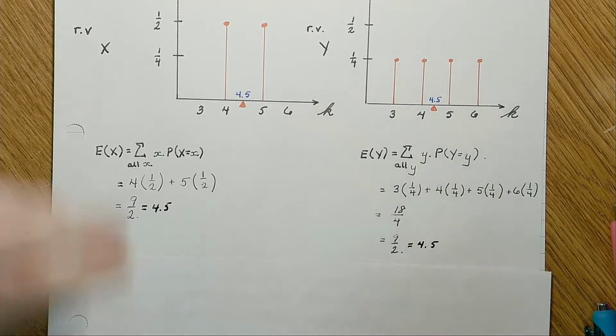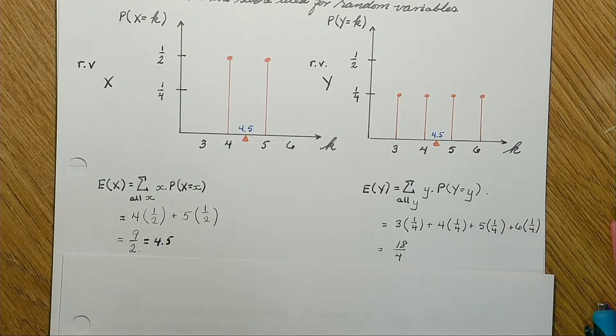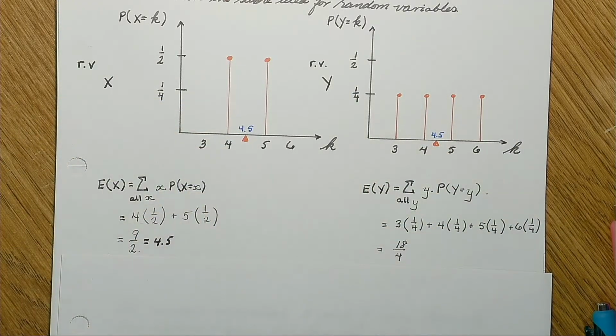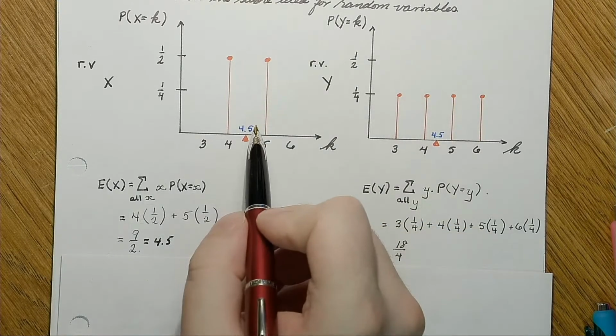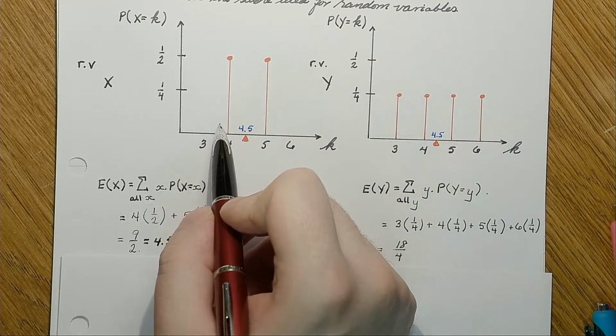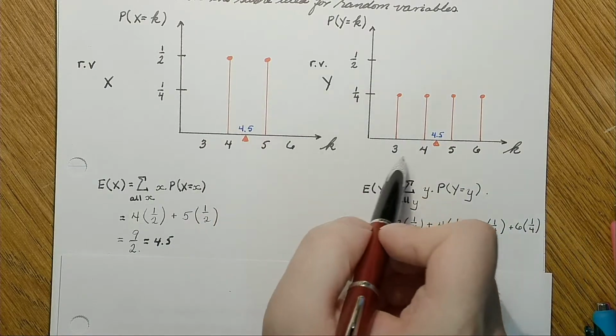So again, we have 2 random variables. They have the same expectation, but looking from this graph, they are not the same. So we need another way to describe them. And that's where we get this idea of variance, because this one is spread out more than this one. So we would say that y has more variance than x.